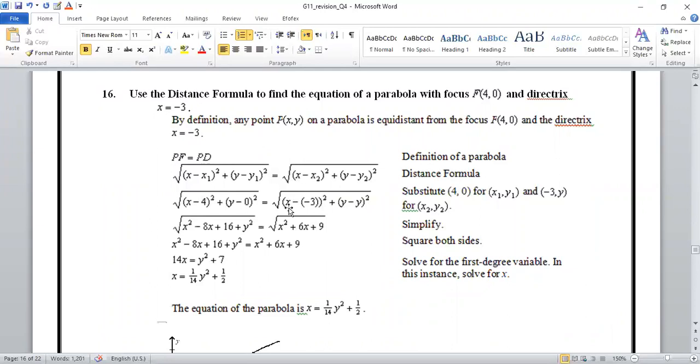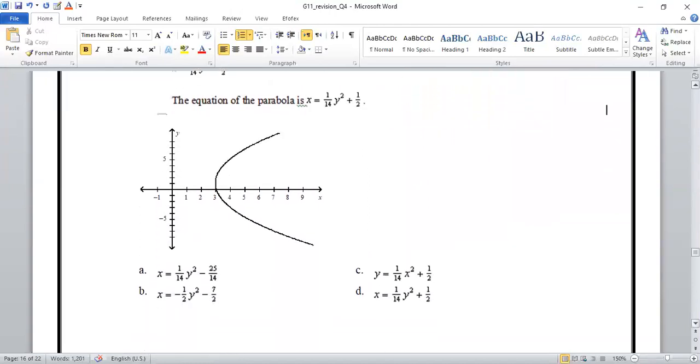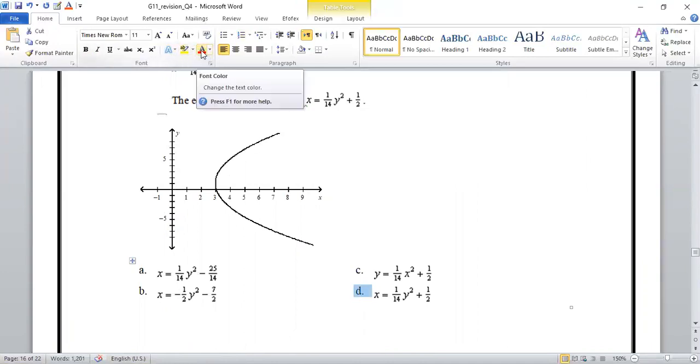So (x minus -3) all squared plus (y minus y) all squared. By simplification, we can get 14x equal y squared plus 7. So x equal 1/14 y squared plus 1/2. So the equation will be number D. The solution will be number D.